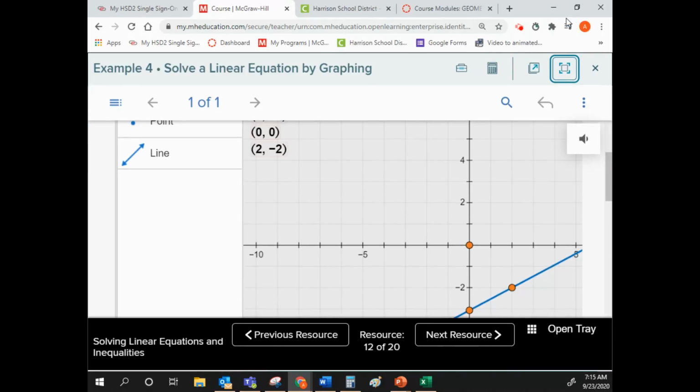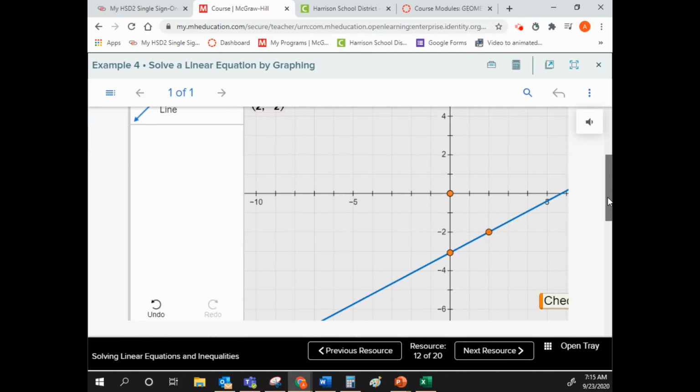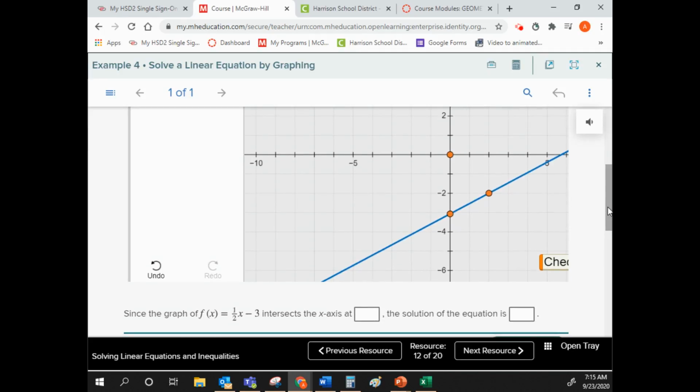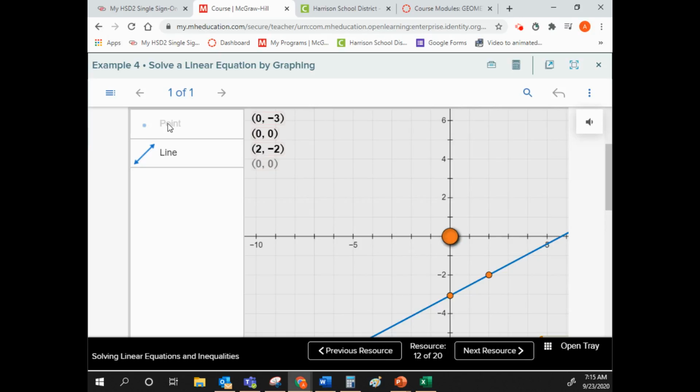Try zooming out, see if that works. Okay. So it's asking for the solution or the root. When does it equal 0? Well, it looks like it meets 0 at this point on the line right here.